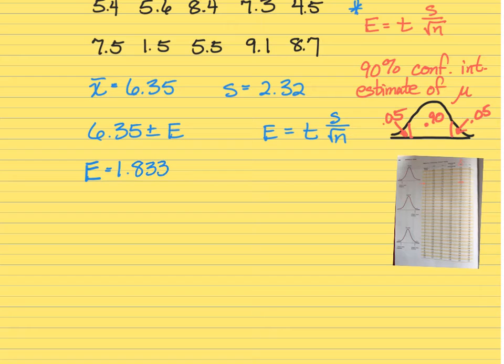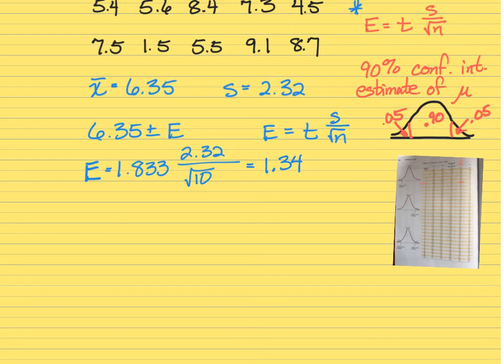That's our t-score, times S, which we calculated, 2.32, over the square root of 10. And that comes out to be 1.3. We use the same number of decimal places as the mean and standard deviation, so 2 decimal places. So 1.34. That's our error.